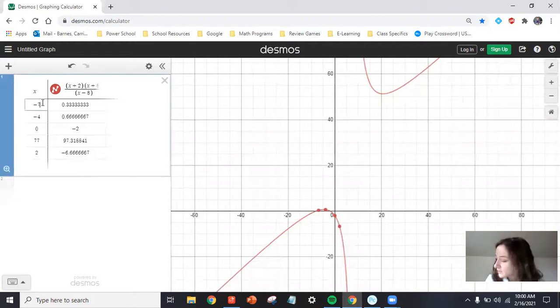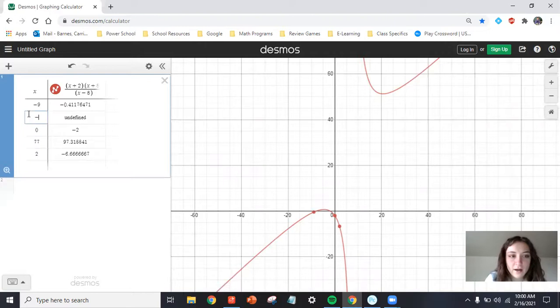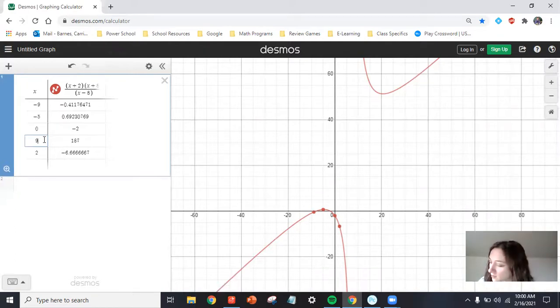All right, and I'm going to plug in my points. First one is -9, then we have -5, 0, and then positive 9. So let me just jot down these points. -0.4117, 0.692, -2, and then 187.